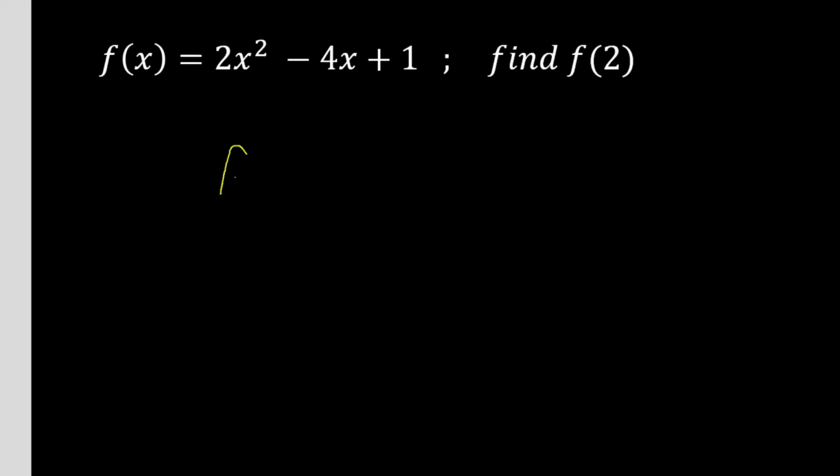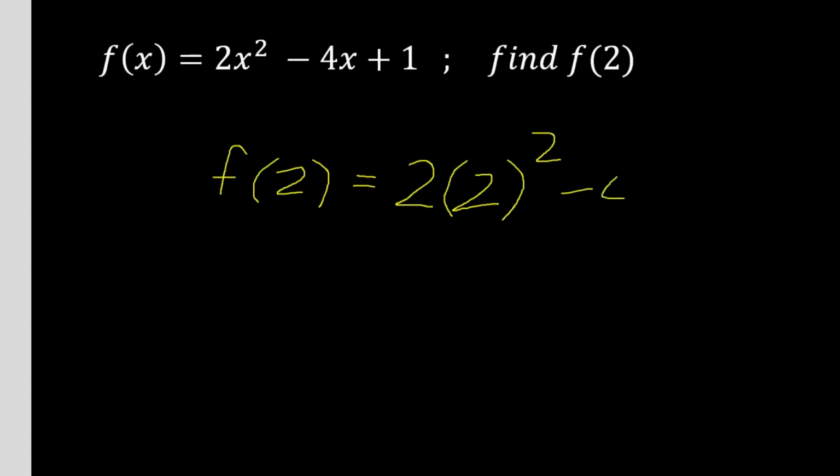So substituting the value of x to the function, f of 2 is equal to 2 times the value of x, which is 2, squared, minus 4 times the value of x, which is 2, plus 1.